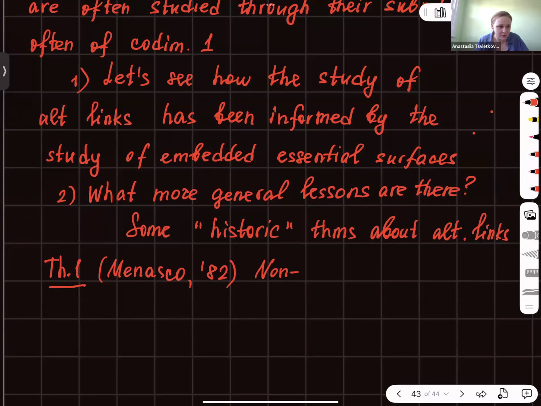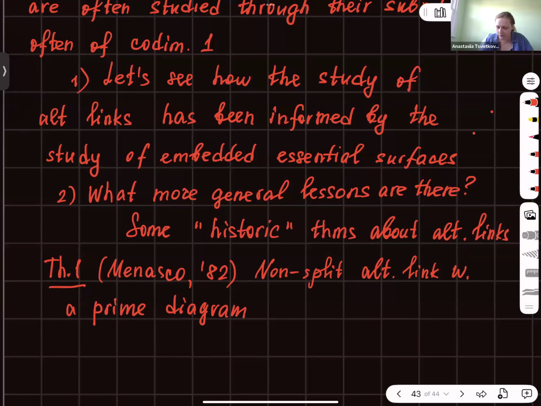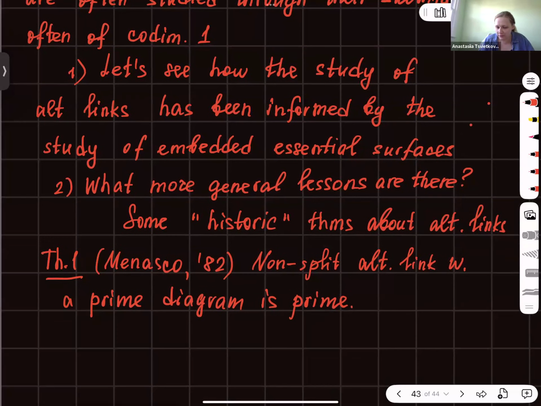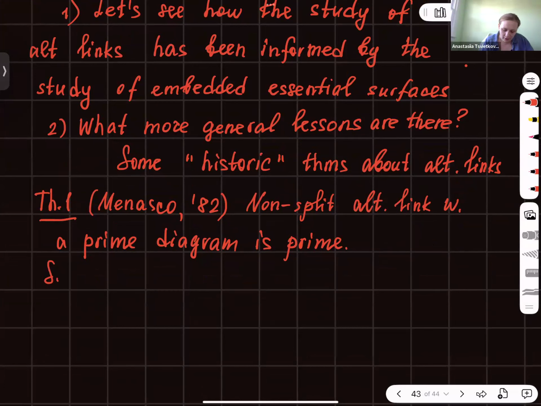This was proved using embedded surfaces, and goes back to Menasco's thesis. Among the applications, back then there was no SnapPy, even SnapPea, I think, was only in the works.